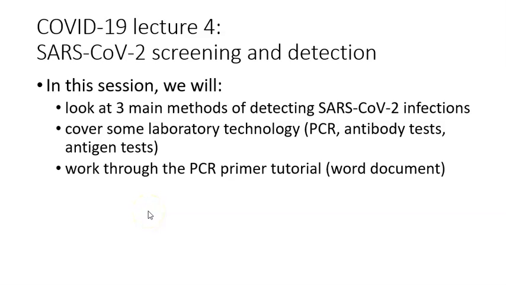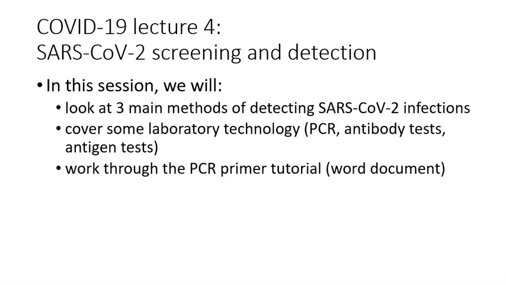Okay, this is the fourth lecture in the COVID-19 lecture series, and in this session we're going to be looking at the detection of SARS-CoV-2 by various screening and detection methods that can be used to detect either the presence of an ongoing infection or previous infection in patients.